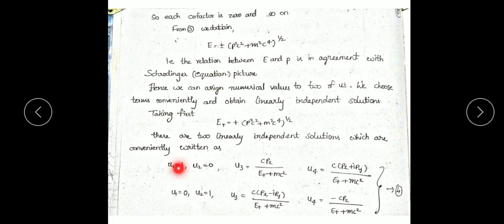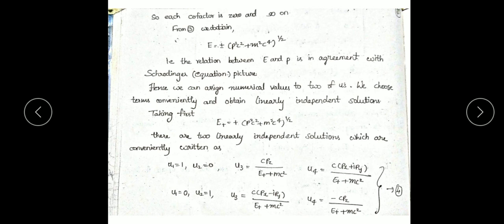If you see for this, u1 is 1 and u1 star is also 1, because there is no such thing as i. This is just a number, it's not a matrix. And as this is a real number, its conjugate is the same.